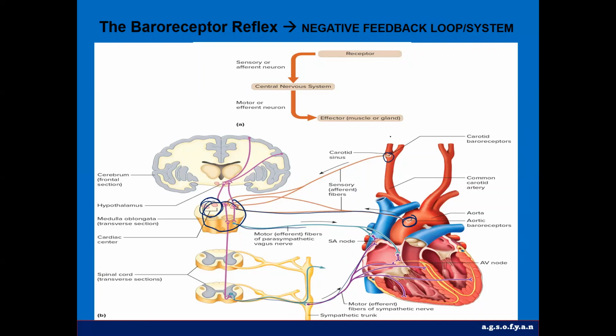The carotid artery is the one that goes to the brain. So it also has a receptor that tells whether the pressure is increased or decreased, because our brain needs a lot of oxygen, a lot of blood. So there is a receptor that sends that information. So this receptor will also send the information to the cardiovascular center.